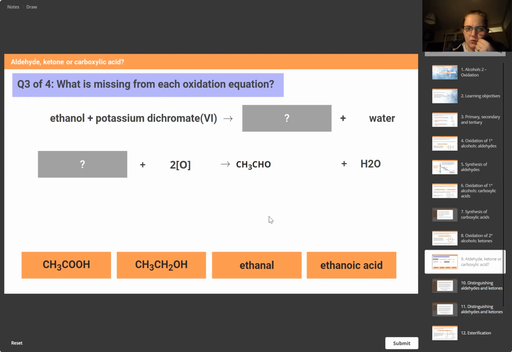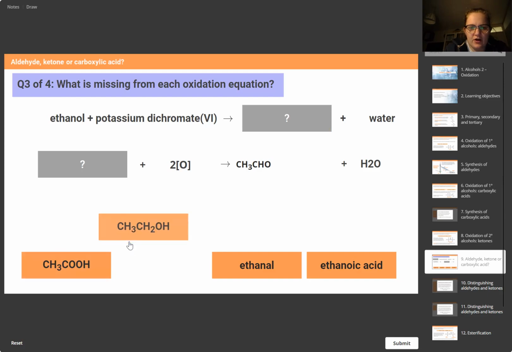Let's have a quick look at what it could be. We've got ethanol. Let's have a look at how our ethanol would be formed in this situation. That here would obviously be a carboxylic acid, C double bond O H. So it's going to be CH3CH2OH for our ethanol.